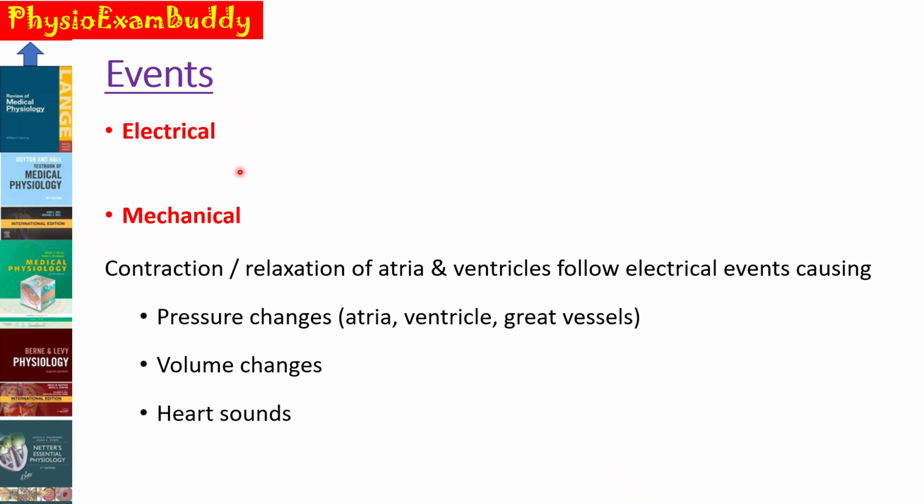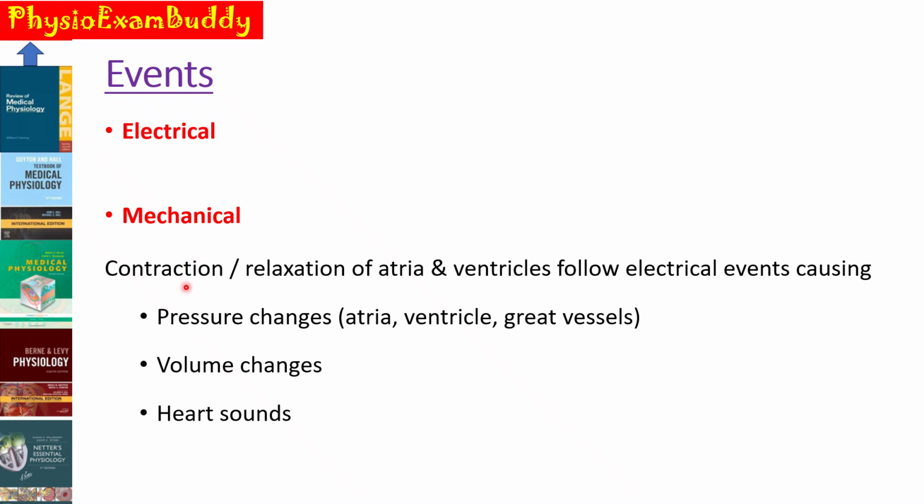Each cardiac cycle is initiated by spontaneous generation of an action potential in the sinus node, which is then conducted through the atria, AV node as well as bundle of His into the ventricles. This depolarization and repolarization of the atria and ventricles can be recorded extracellularly using the ECG.